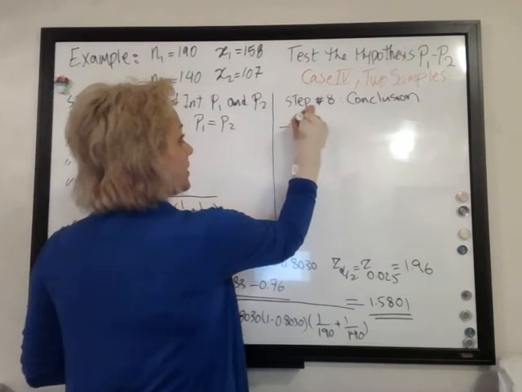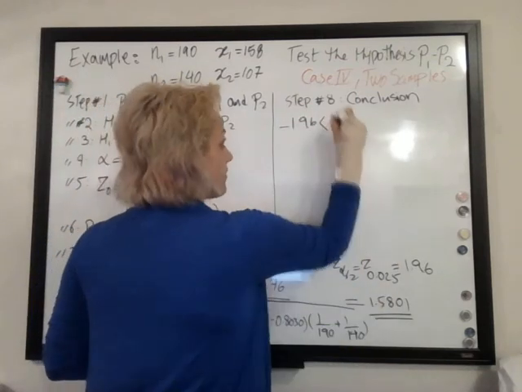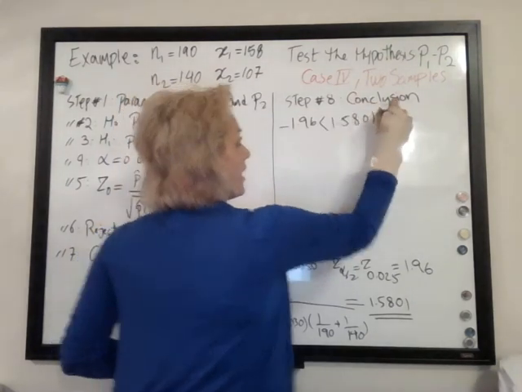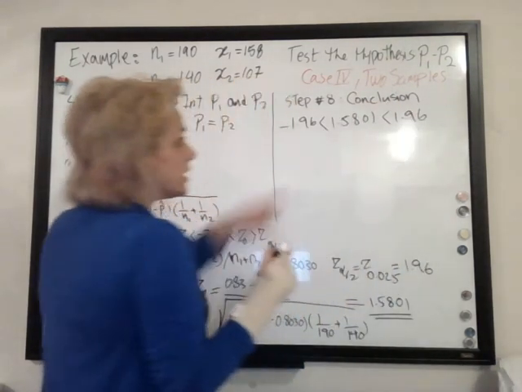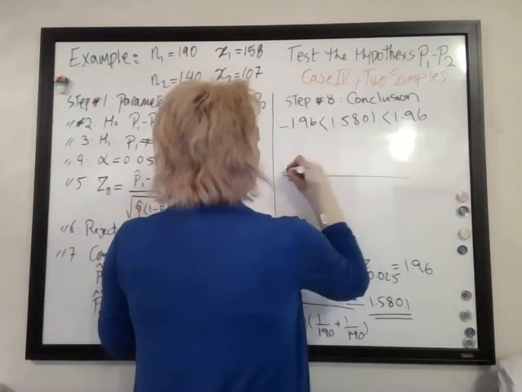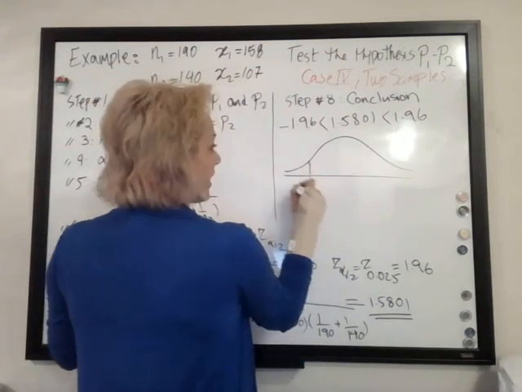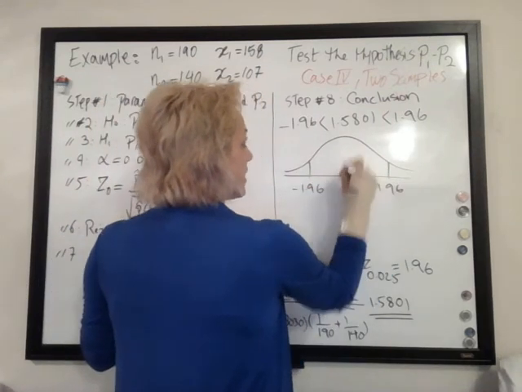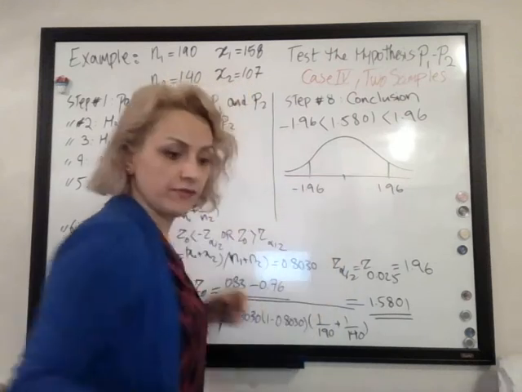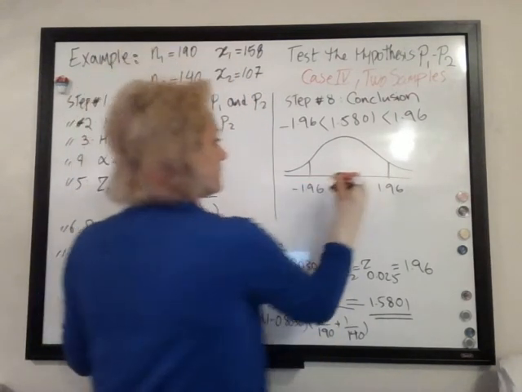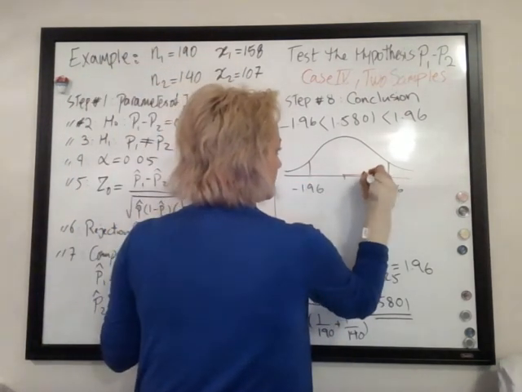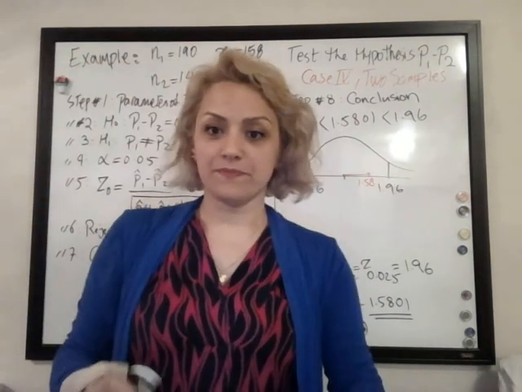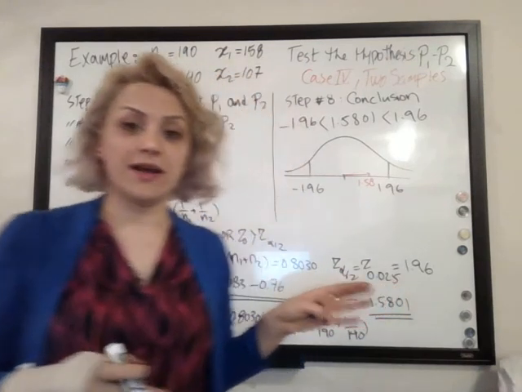So even if you look at it on the curve, here I had minus 1.96, here I had 1.96, and I found 1.58. So we are in the null hypothesis region.